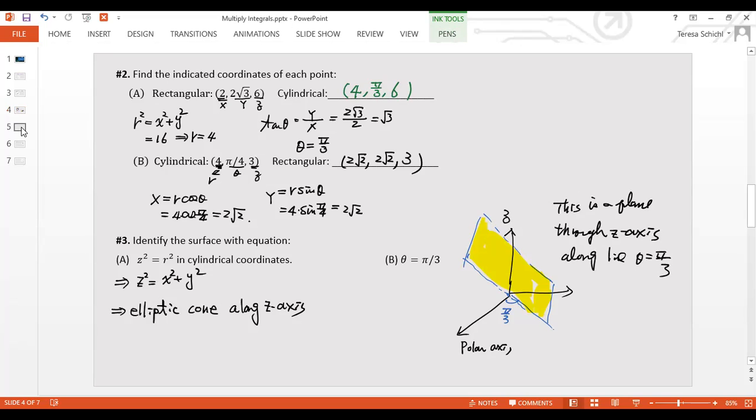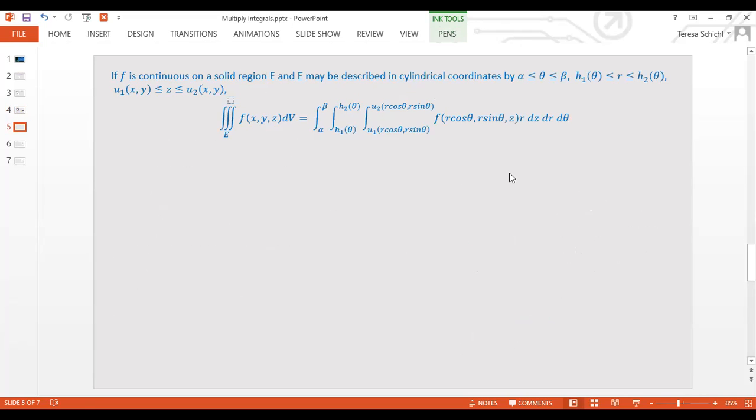How do we do the integrations here? How do we change from Cartesian into cylindrical coordinates? Remember, when we introduced this new coordinate system, one of the main purposes was to simplify, right?